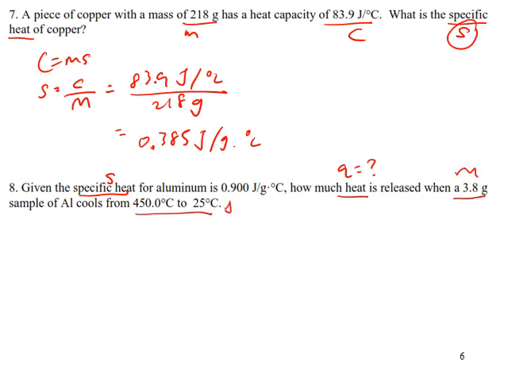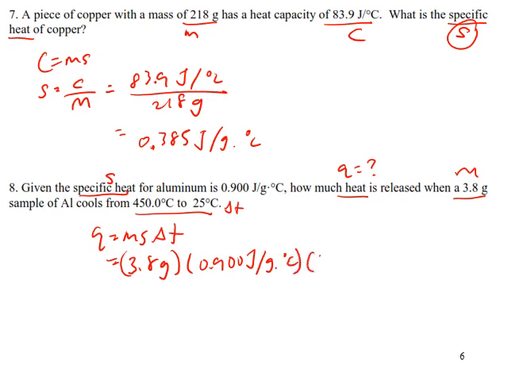So from here we can calculate the delta T. The equation we are using is the one that involves mass, so ms delta T. The mass is 3.8 gram. Specific heat of aluminium is given, 0.9 joule per gram degree Celsius. Delta T, we take 25 minus 450 degrees Celsius.